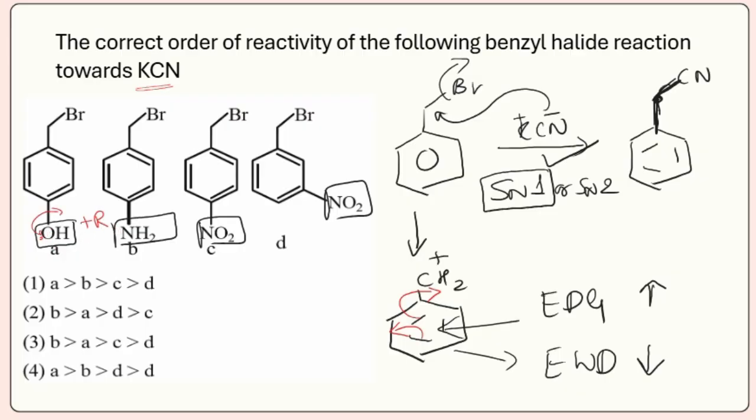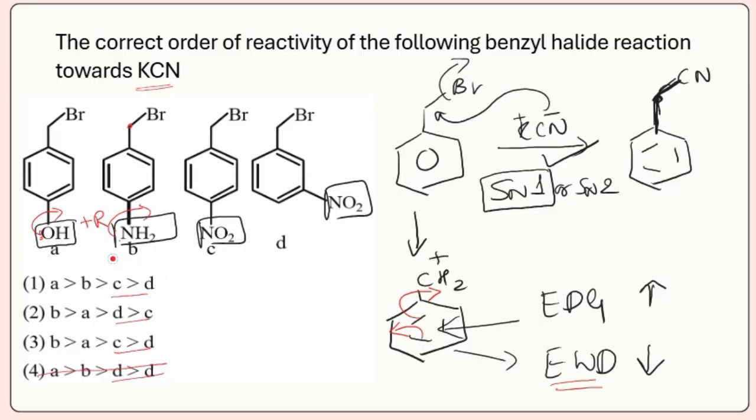They donate the lone pair of electrons present on them and stabilize the carbocation. Whereas nitro is an electron withdrawing group. Therefore, it destabilizes. So wherever we have C and D, it will be the least reactivity. I think there is some typographical error, so you can ignore the fourth option.